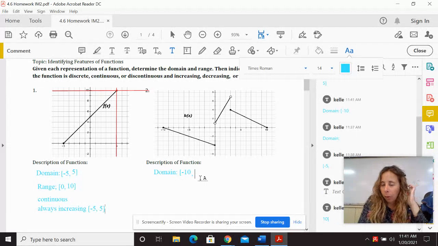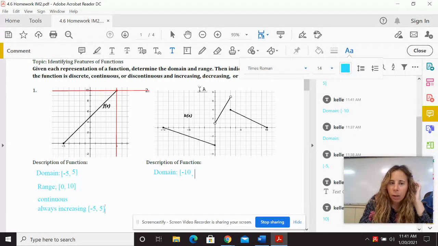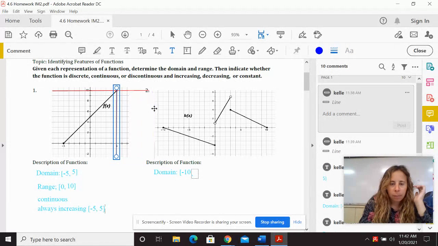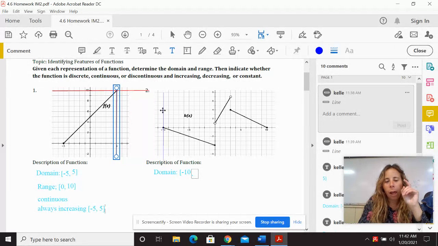Okay, let's go through our graph. So our farthest left value is negative 10. And then I just want to make sure that my line is always hitting at least one point on the graph. So we're hitting something, we're good. They try and trick you here.